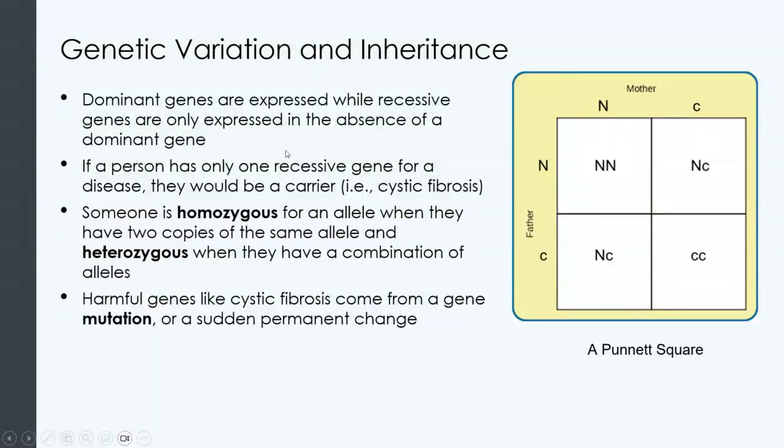And so if a dominant gene is present, it is what's going to override as far as the phenotype. It's what's going to be expressed. So if there's a dominant gene here, you can see here in this combination, there's a dominant N, there's a dominant N here, and therefore all three of these squares right here, if these were offspring, all of them would show the dominant trait.